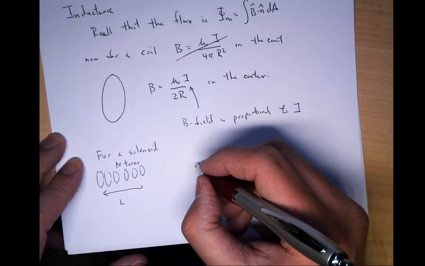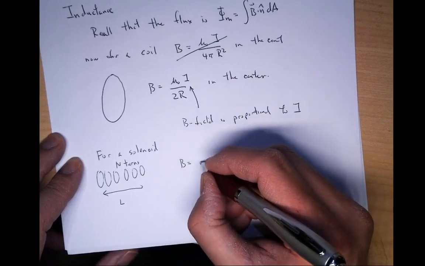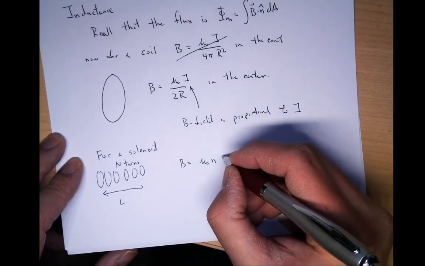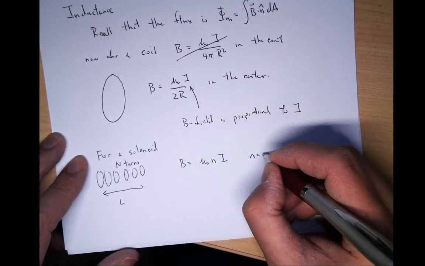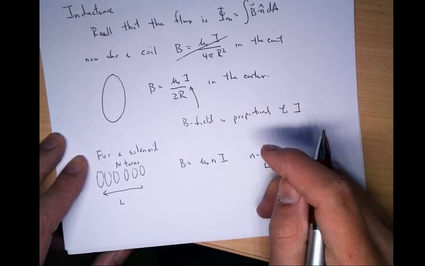In that case, B is equal to mu 0 n times I, where n is capital N over L.